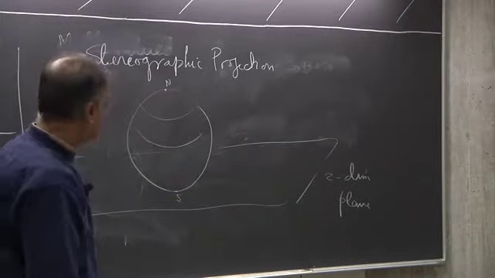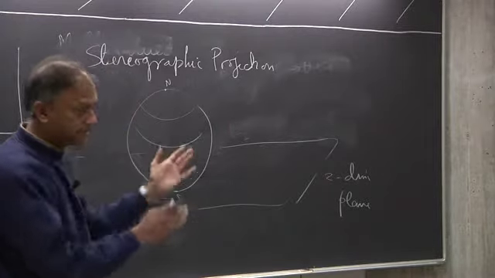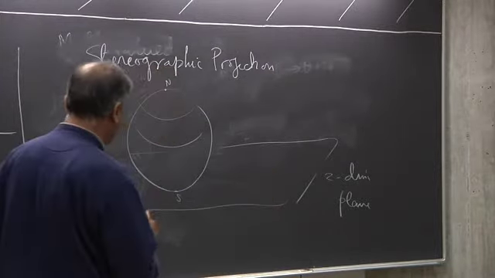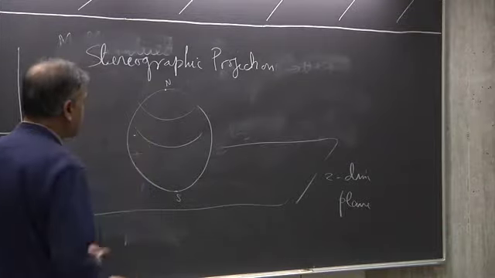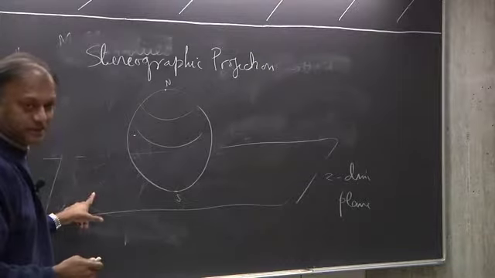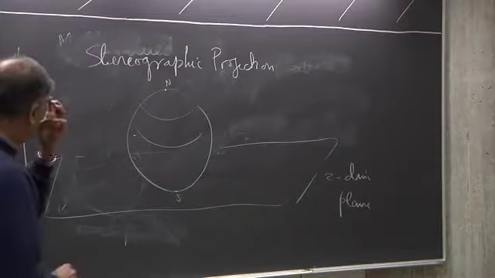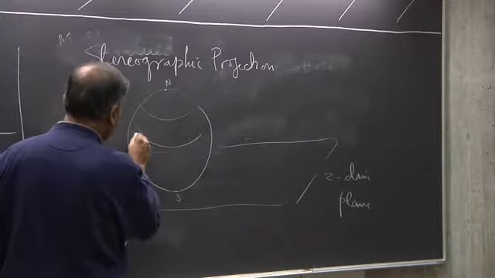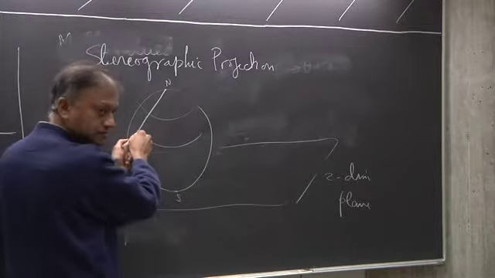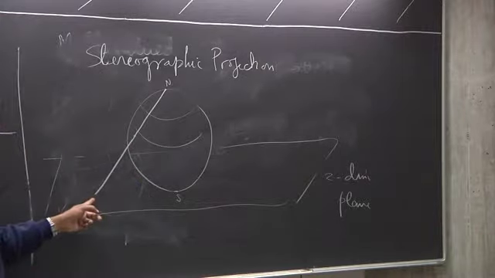Now what we can do is map the points on the two sphere to the plane in the following way. Choose any point here. What do I mean by saying map? For every point I should associate a point on the plane, and it will be a one-to-one association. The way to do it is you draw a line starting from the north pole, passing through this point, and then continue until it intersects the plane somewhere.